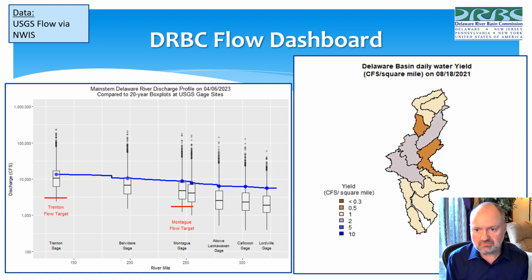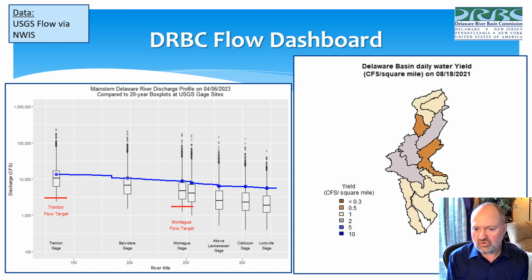That's good news. In addition, the animated plot that you see on the right-hand side is called an animated choropleth, or color-coded map. Each of the polygons that you see is a HUC 8 subwatershed, and we're pulling data from USGS gauges and computing water yield, or flow per drainage area.